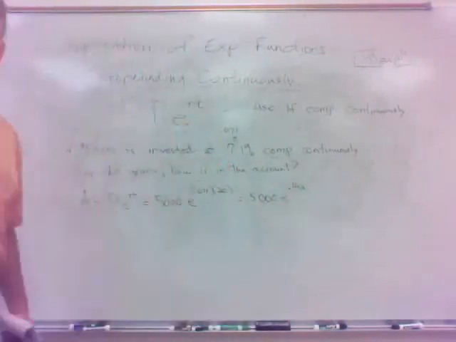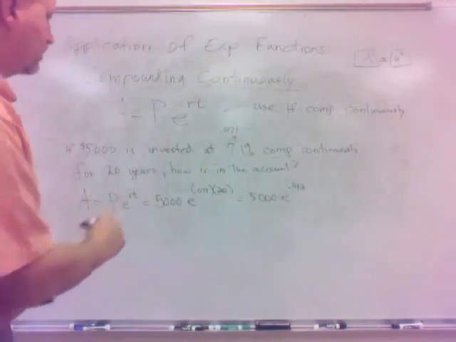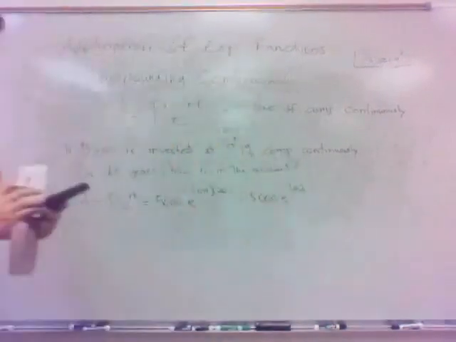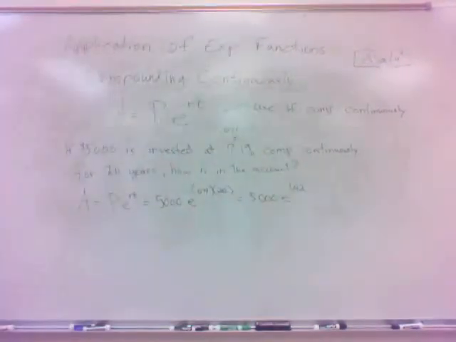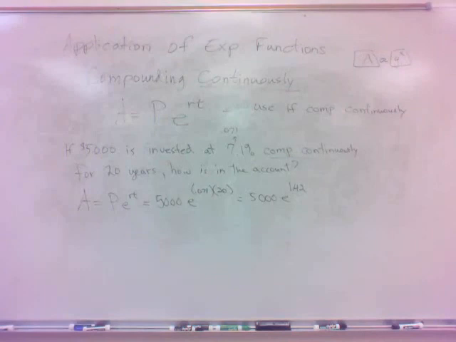E to the 1.42. Oh, 20, yeah, I'm sorry. Just checking. All right. E to the 1.42. So just punch that in. 5,000 times E to the 1.42. I get 20,000 something.